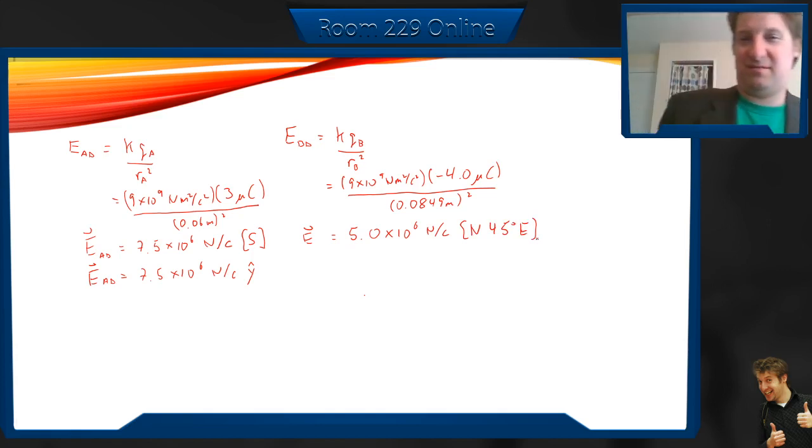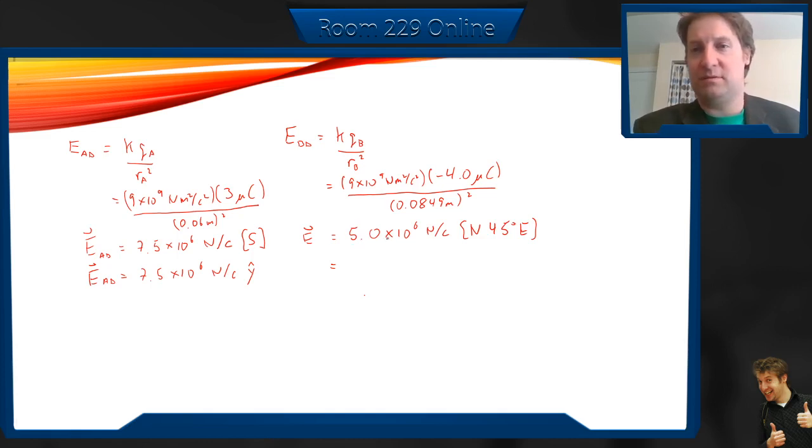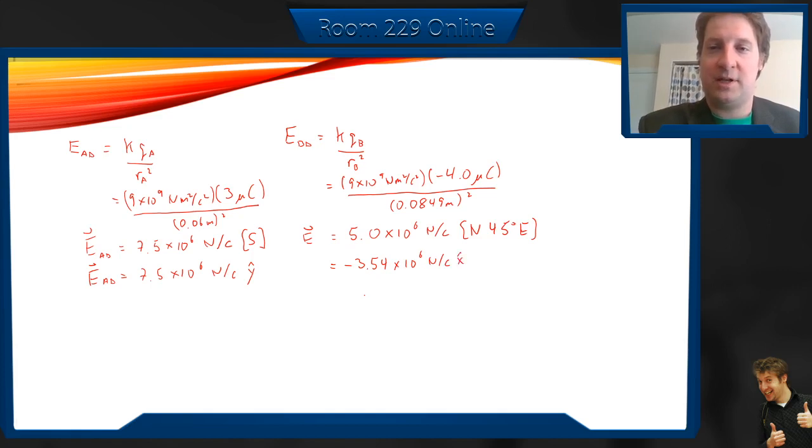Now, that's okay because it's a vector, but it's not broken up into components. And this is where you're going to see why I use this x hat, y hat notation, because I can rewrite this as a combination of 5 times sine of 45, or root 2 over 2, or 0.707. It works out to negative 3.54 times 10 to the 6 newtons per coulomb in the x direction.